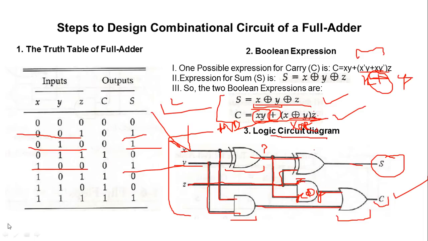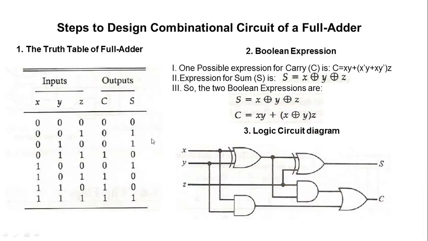The sole purpose behind doing all these things was only to generate the logic circuit diagram. It might be the case that you have not simplified it fully and you are getting a different kind of logic circuit diagram than someone else. So it is totally okay if you have written the full-fledged Boolean expression showing how you got it.